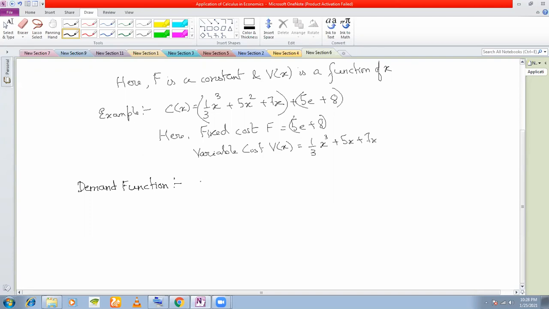Demand function is normally expressed, let P be the price per unit. And by price, what do I mean? Selling price per unit of the product.